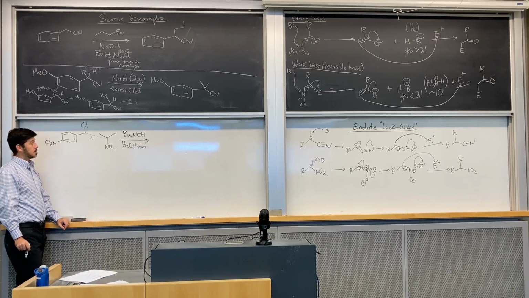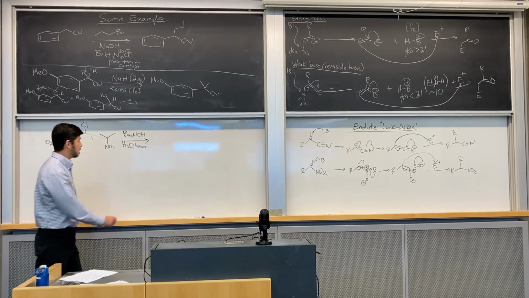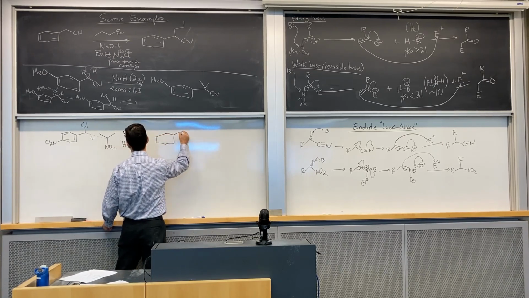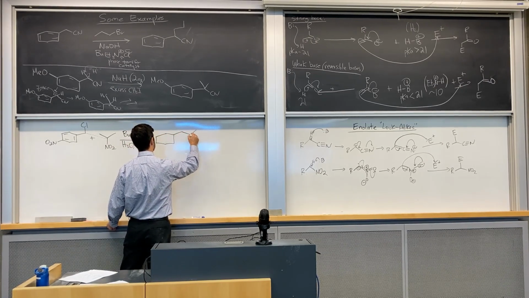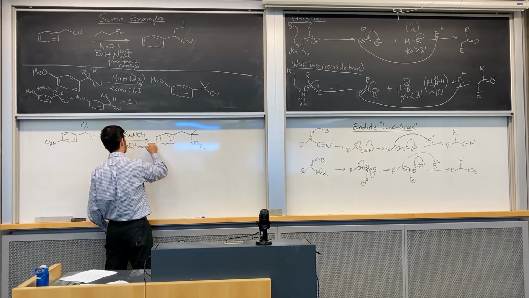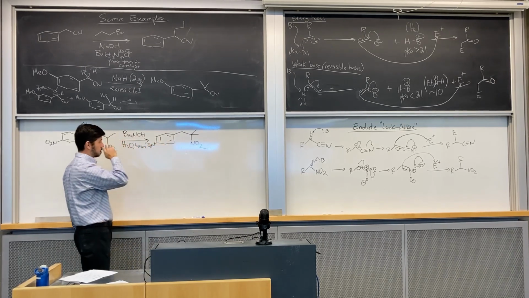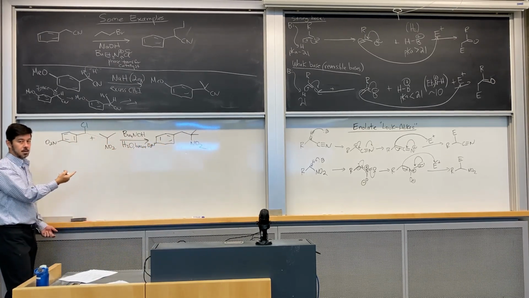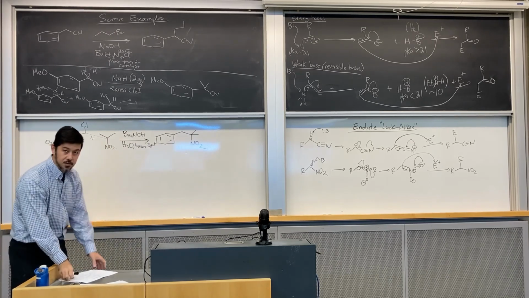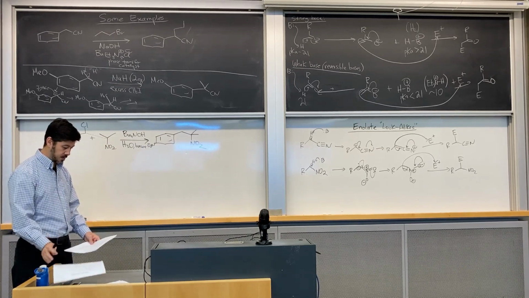Okay, so what this will look like is it will look something like that. That's your product. So I think you get the hang of it in terms of how to generate these compounds.